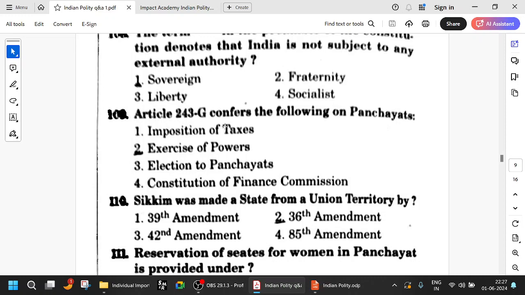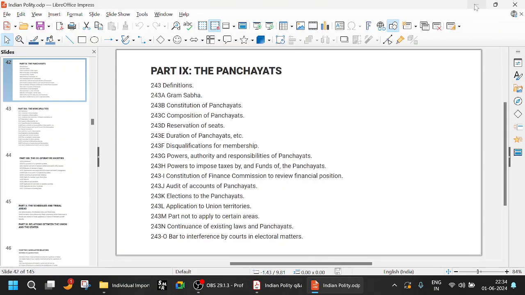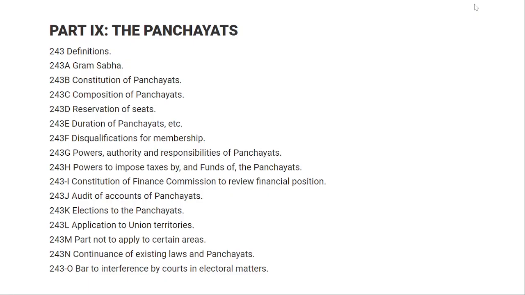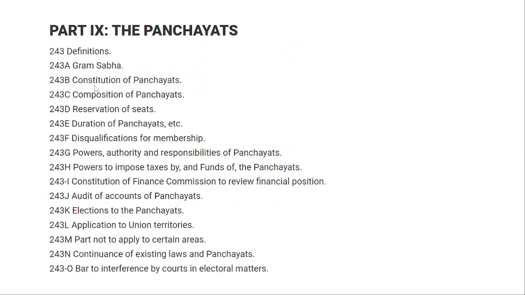So Article 243G is also very important, frequently asked. Starting from 243, you have the panchayats, and before that we have seen the high courts. Anyway, 243 starts with panchayats.